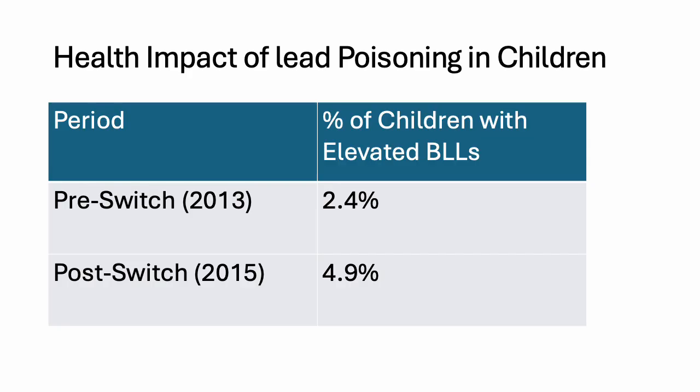So right here, we're going to talk about the health impact of lead poisoning in children. I'm also using the data about blood lead level percentage among the residents, but for two different slides, different from the previous one.